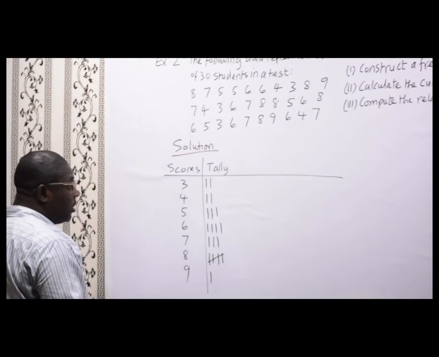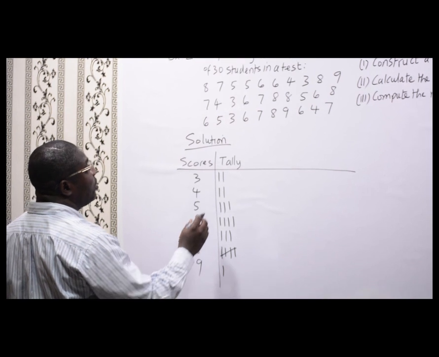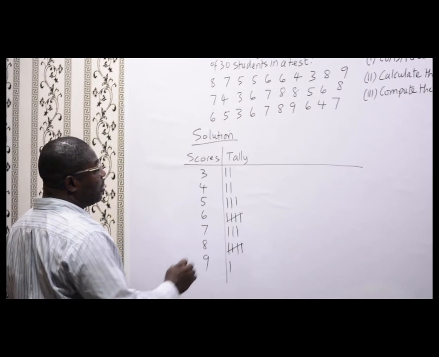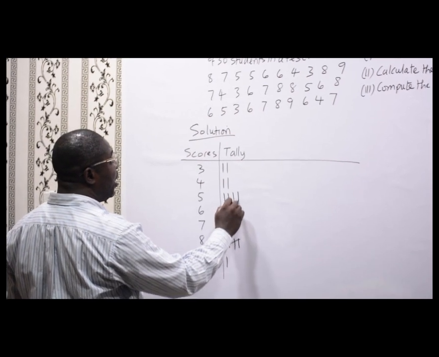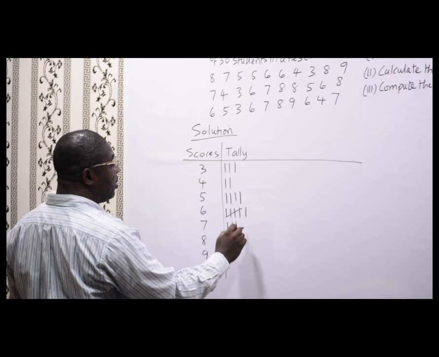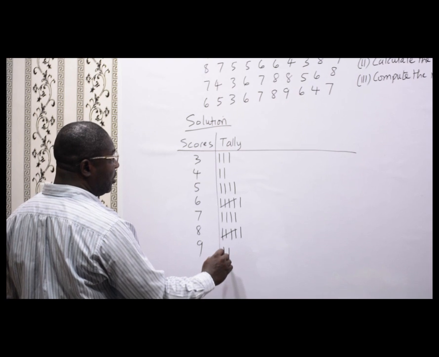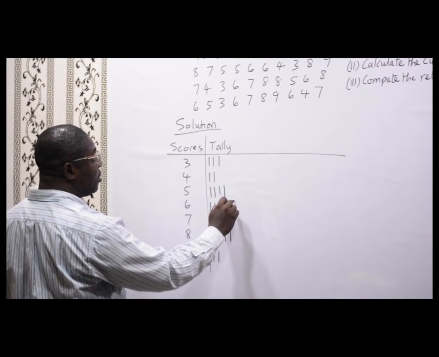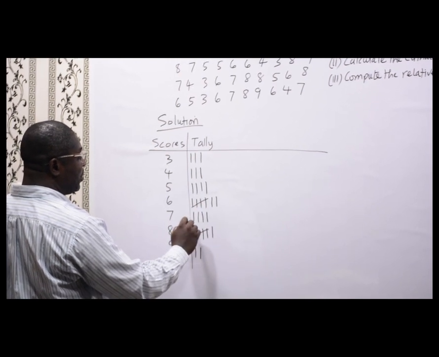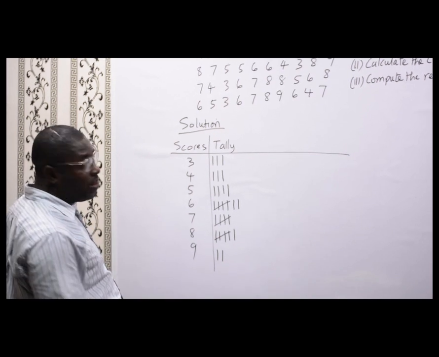We've dealt with that. Now we go to the last line of scores. We have 6, and that's the fifth count for 6. Then we have 5 coming up here, and 3, then 6 again, and 7, and 8, then 9, then we have 6 again, and we have 4, and then we have 7. 7 is appearing as 5. So we've dealt with all the counts.